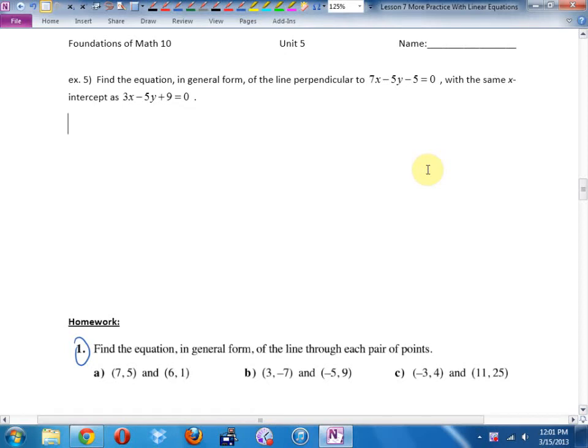Well, I asked myself two questions. The first question is, do I know the slope? And I would reply, not yet. How can I figure out the slope? Well, they've told me that. Op flip. Perpendicular to which line?